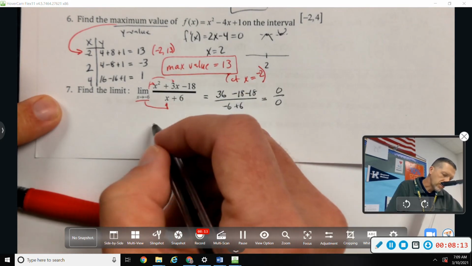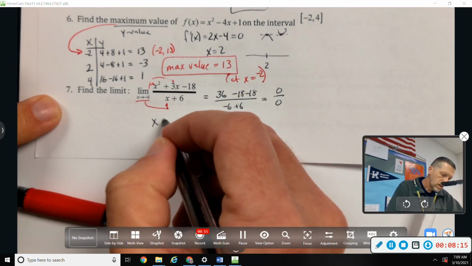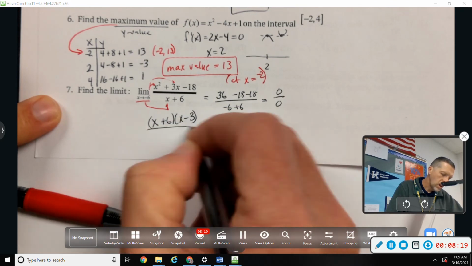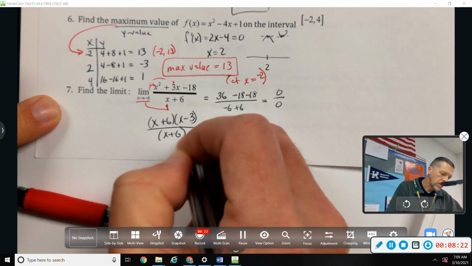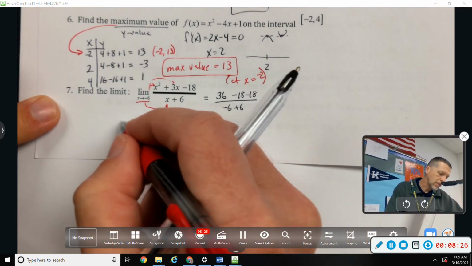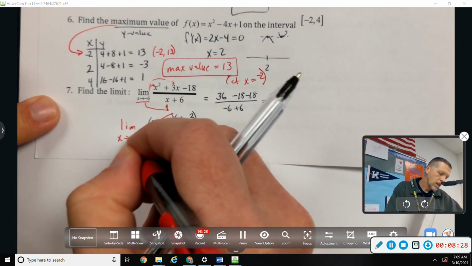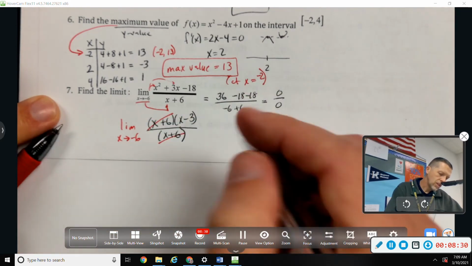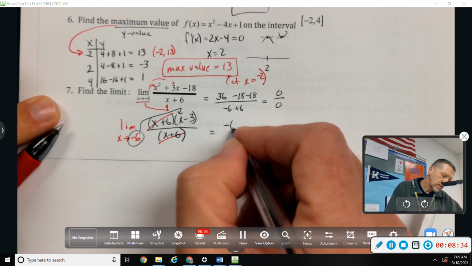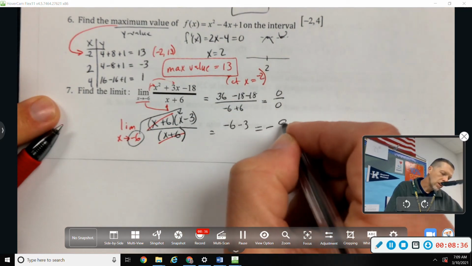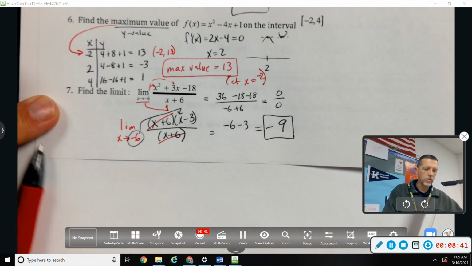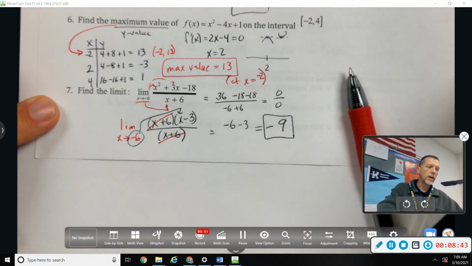But if I factor the top, x plus 6 and x minus 3 over x plus 6. Wow, surprise, surprise. The problem is rigged so that the x plus 6's will cancel. Then I can plug in -6 for x. -6 minus 3 equals -9. So an easy one, but a good review question. We hadn't seen one like that in a while.